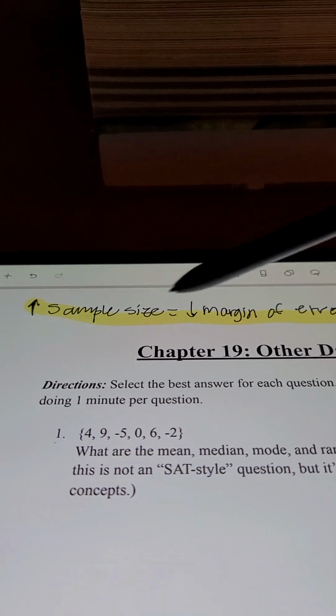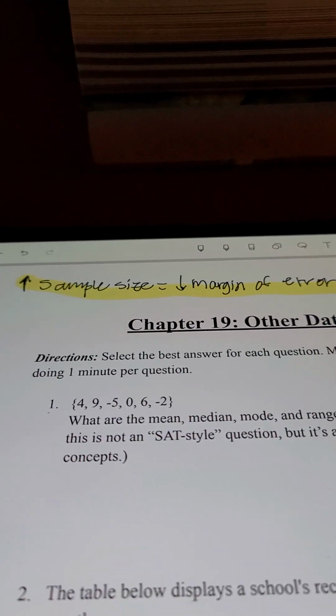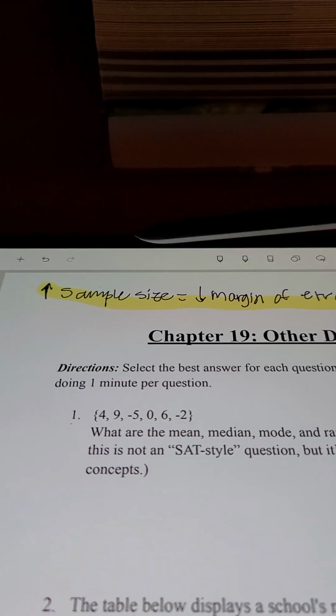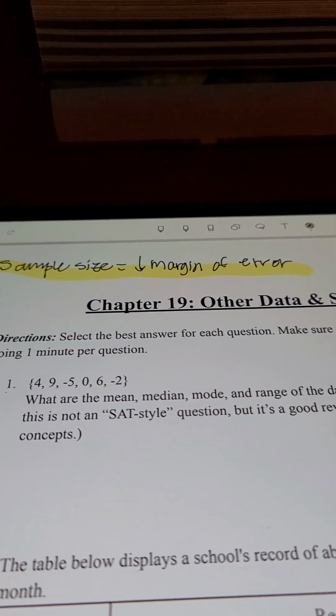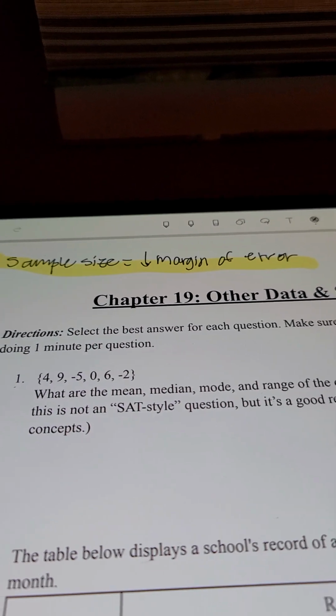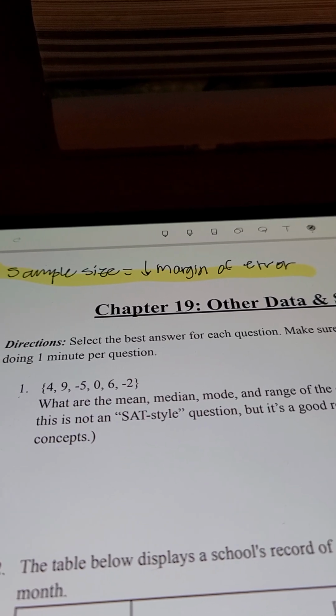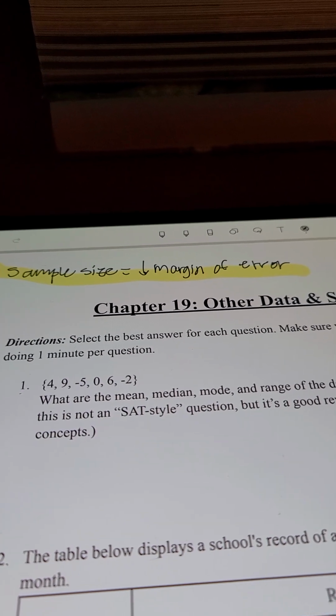So that's why I have this little highlight right here, just to save you some pain and suffering. Just remember that when you increase sample size, you decrease the margin of error, because think of margin of error as the percent that you're expecting to be off in your estimation.